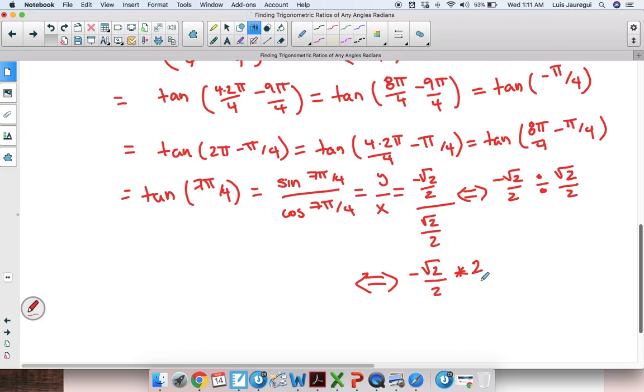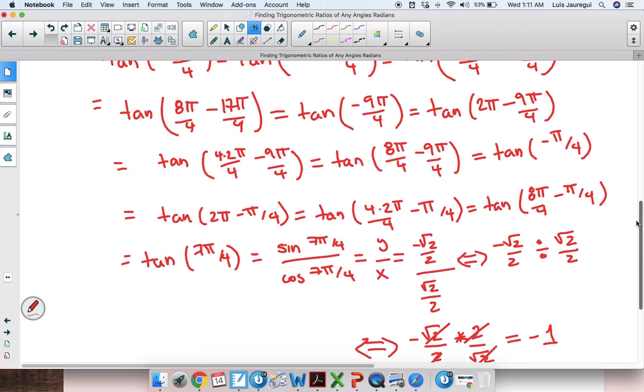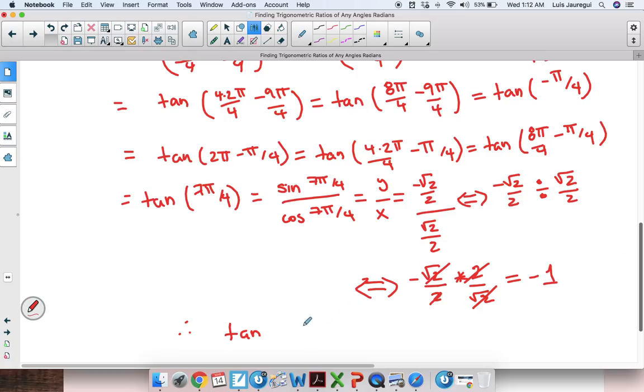So this is 2 over the square root of 2. Notice the square roots of 2 cancel, and the 2's also cancel, leaving you with negative 1. Therefore, we can conclude that tangent of negative 17 pi over 4 is equal to negative 1. This is all possible by the transitive property of equality.